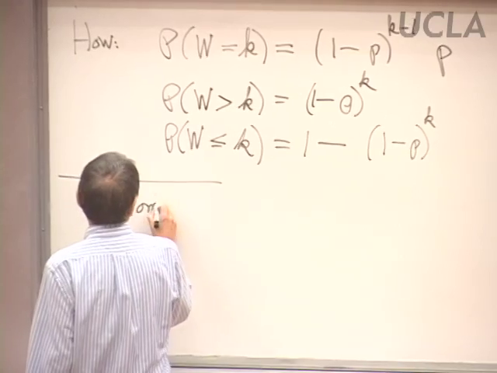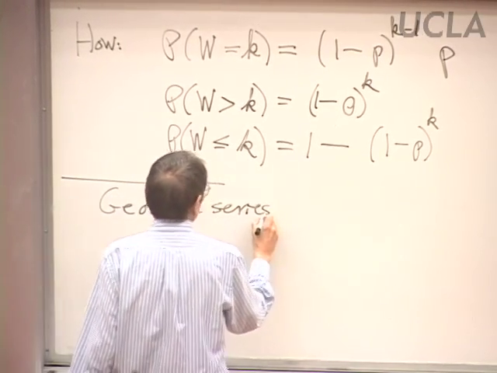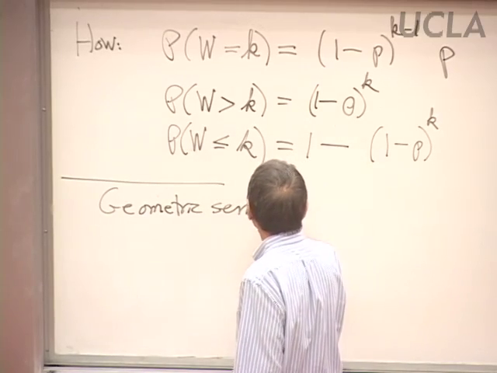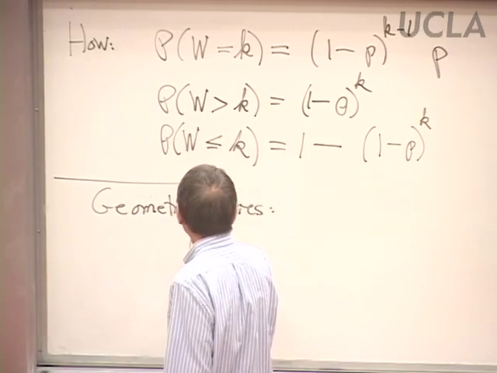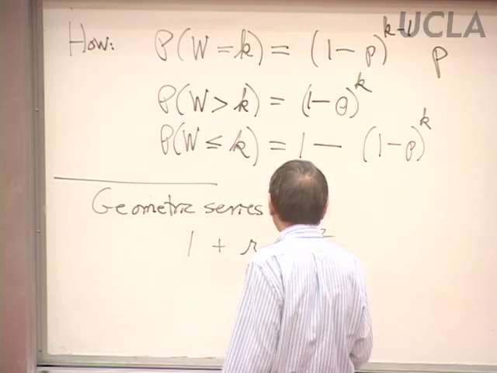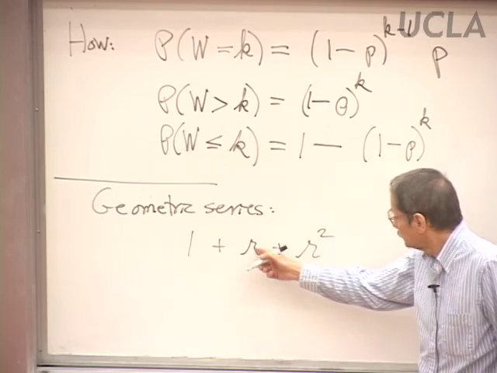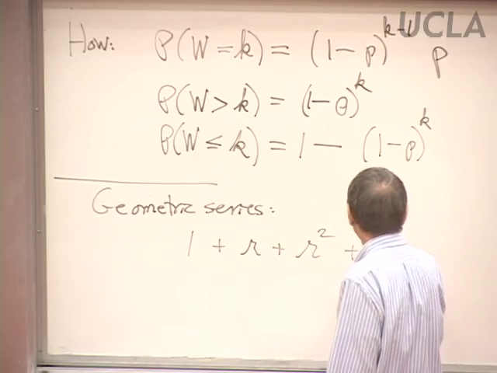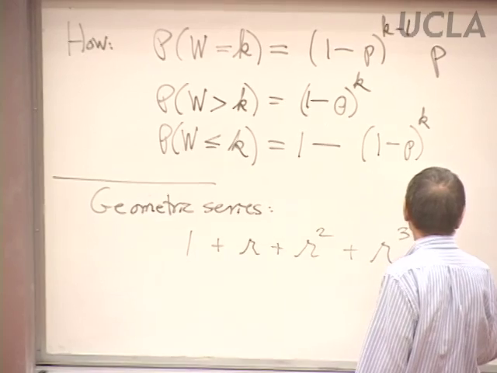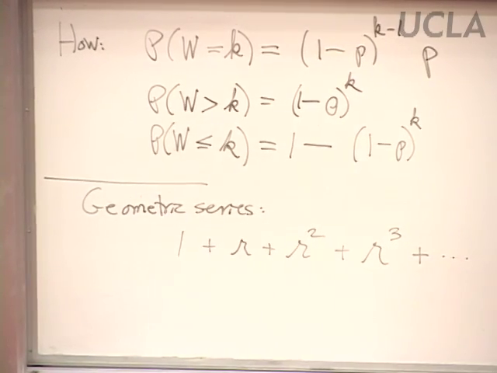The geometric series. You have the following infinite sum, where each term is r times the previous term. R, I guess, for ratio. Okay, this infinite sum converges if r is between minus 1 and 1.